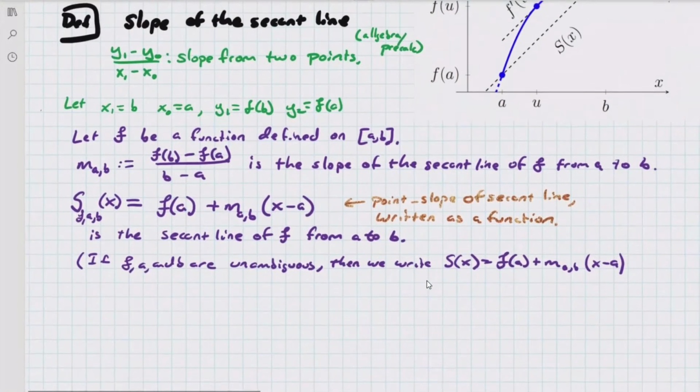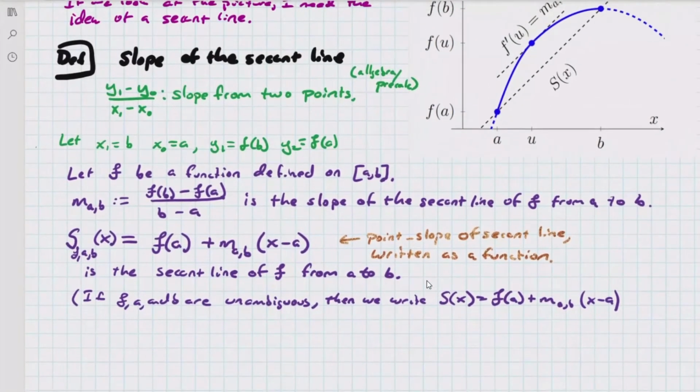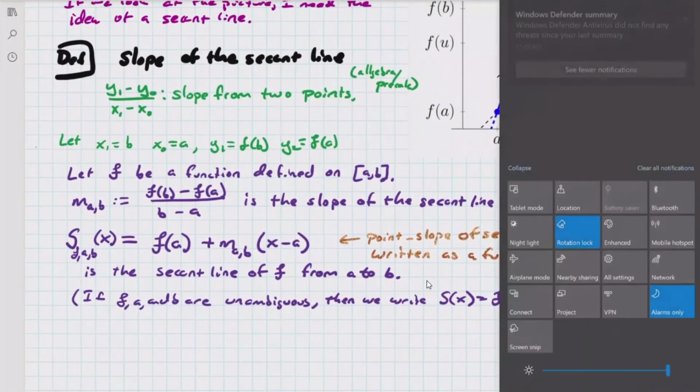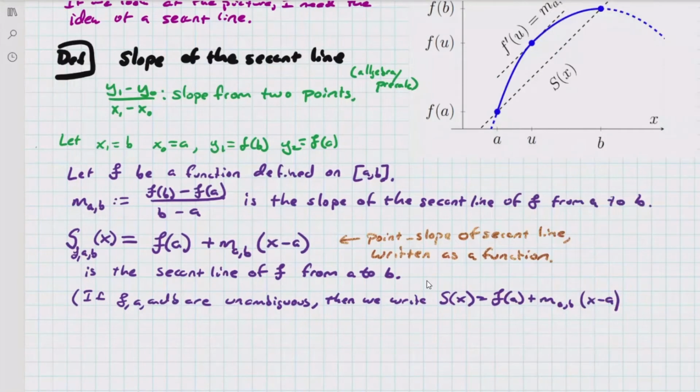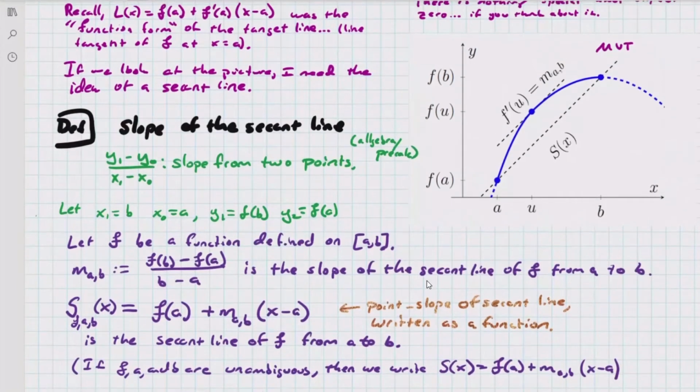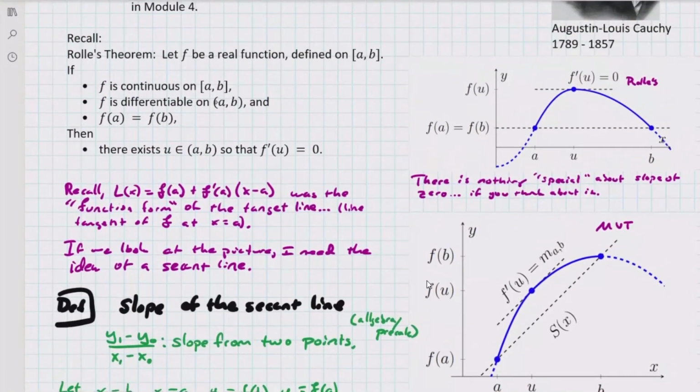All right. So let's look at our drawing here again. If I wanted to rebuild what the theorem actually says from this picture, I'm going to look at Rolle's theorem.